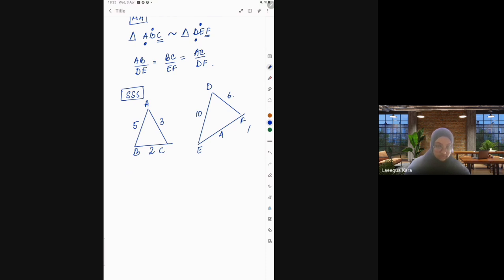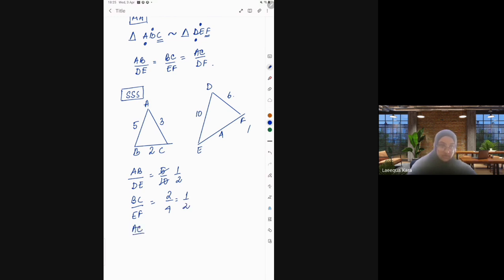Now, if you see, the dimensions are different in the two triangles, but if I find the ratio AB by DE, then that is 5 by 10, half. And if I do BC by EF, then that is 2 by 4, which is again equal to half.